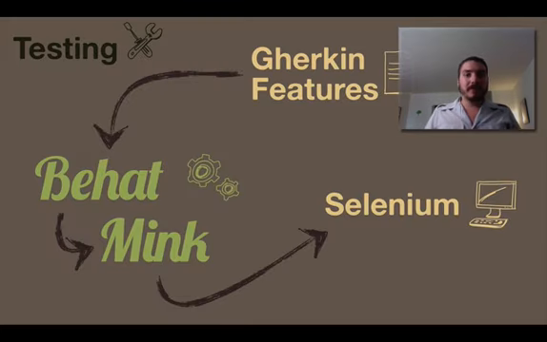There's often a bit more to it than just the BHAT library. There are some other tools that interact, and so for web application testing, the tool chain might look a bit like this. You have a collection of features written in Gherkin, which are then translated by BHAT, which is extended with this Mink plugin, which gives you the specific tests and language to describe web applications.